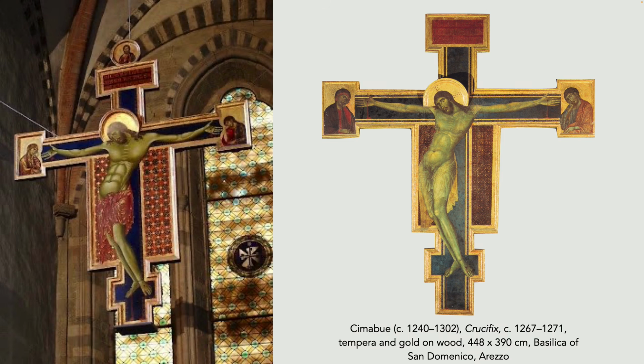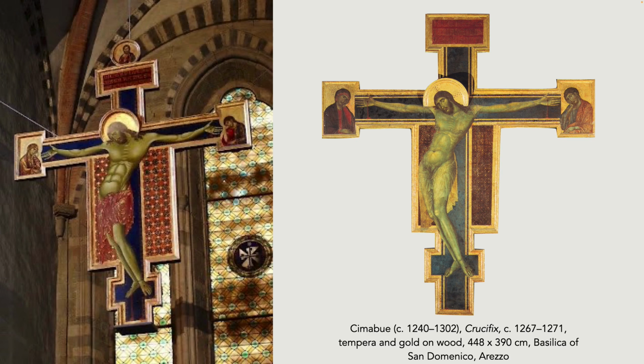This is the crucifix in the Basilica of San Domenico in Arezzo, and it was created between about 1267 and 1271. It was a pivotal moment in the transition from medieval, that is Byzantine art, to Renaissance art.